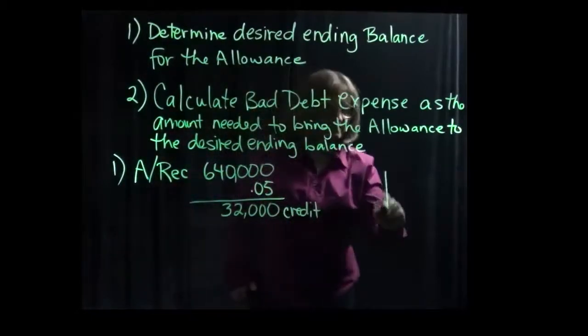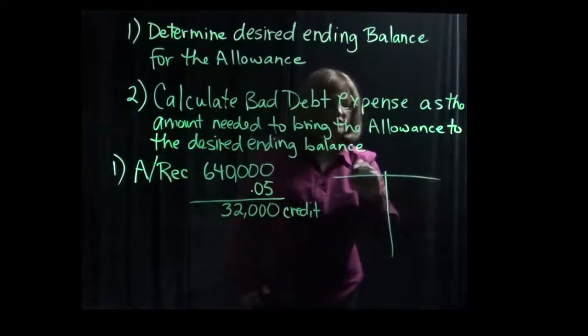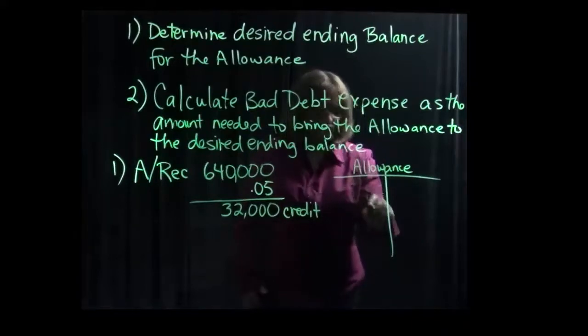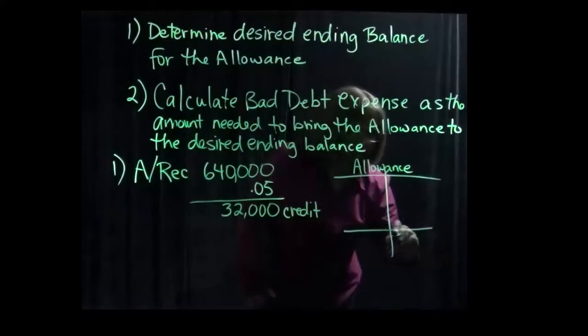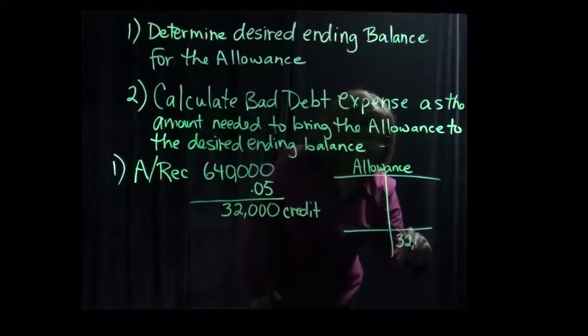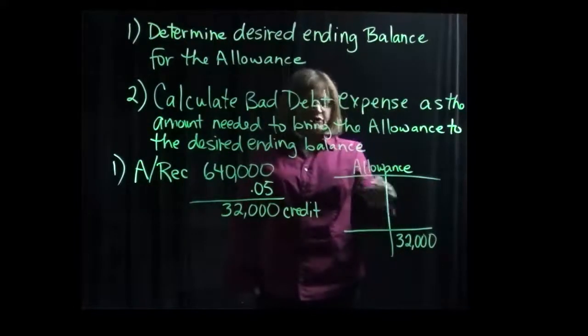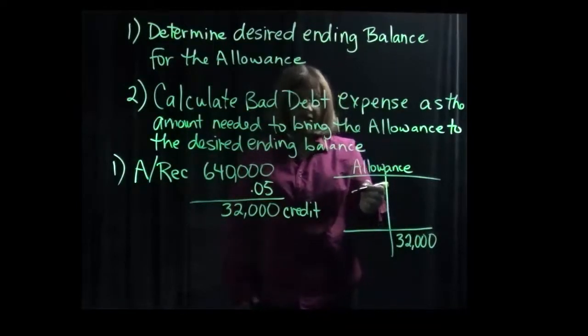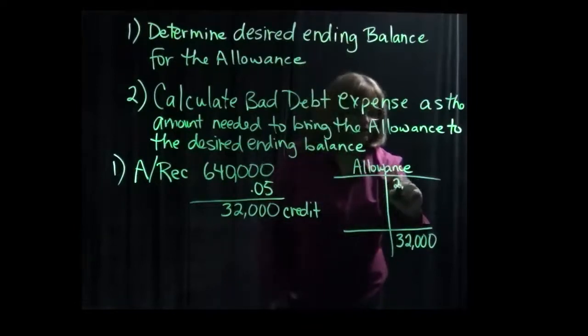If we set ourselves up in a little allowance account in T account form, we want it to end up with a balance on the credit side because it's a contra asset, goes against accounts receivable. We want it to end up with $32,000. We're told that the allowance currently has a $2,500 credit balance.